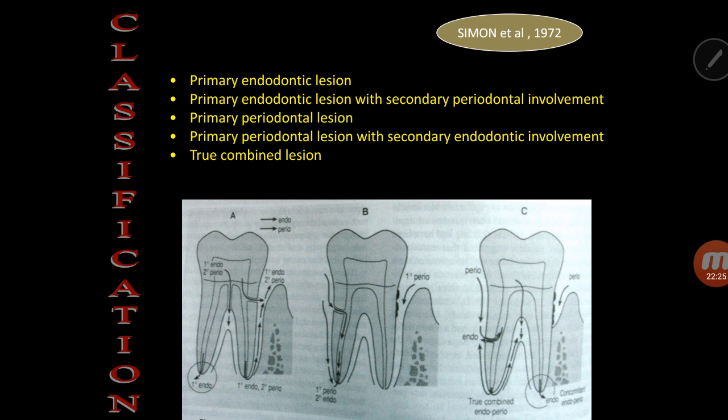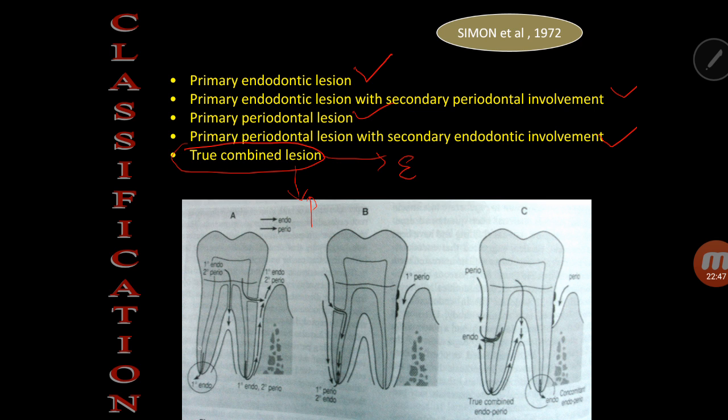Next is the basic classification: primary endodontic lesion, primary endo with secondary perio, which means it starts as an endo lesion which later turns into periodontal involvement. Then primary periodontal lesion, which is primary perio plus secondary endo. A true combined lesion is where they are different, they have both endo and perio, but they are not communicating with each other.